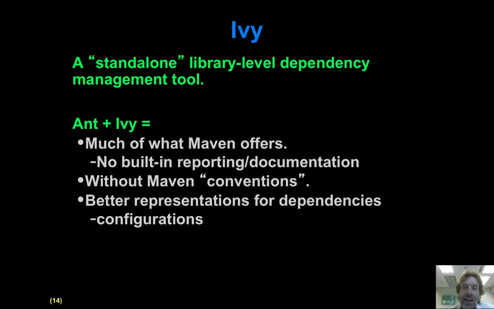So as a result, if you have Ant plus Ivy, you get something that offers most of the goodness of Maven. It's a little bit simpler to understand. It's a little more exposed, so there's a little less black boxiness to it, which can be either a plus or a minus. And the representations of dependencies are in general a little better than what Maven supports, just because Ivy does a better job of it.